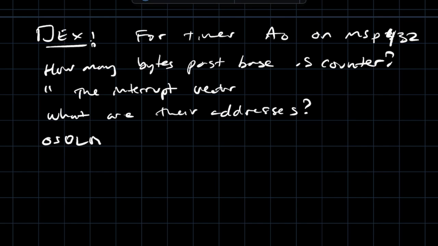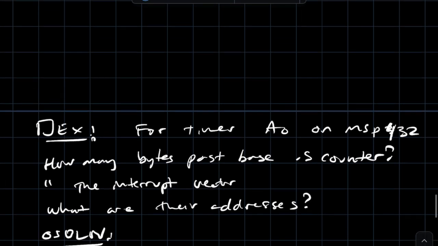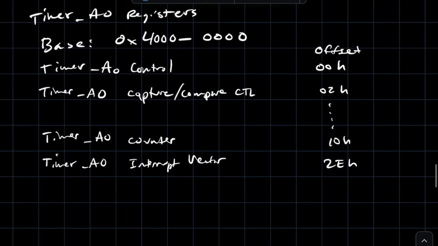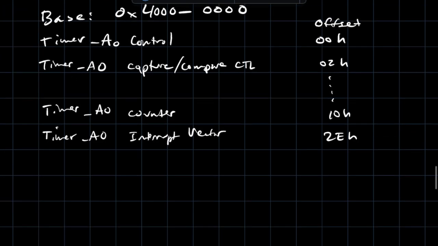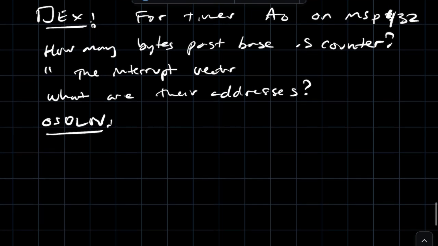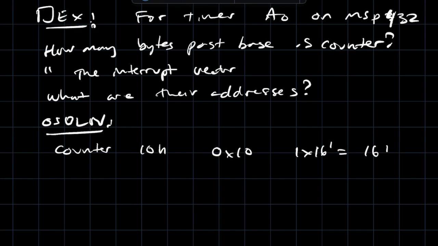So based on the stuff I just had in the previous page, let's roll up here. You'll notice that the counter is at 10H, which means 0x10, which means that I've got 1 times 16 to the first, which is equal to 16 bytes.